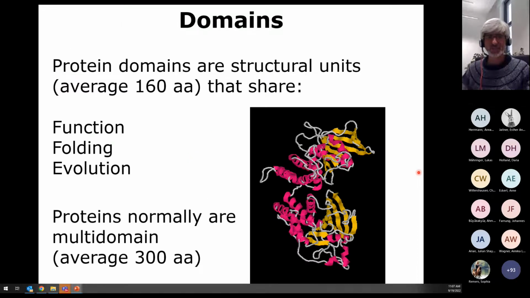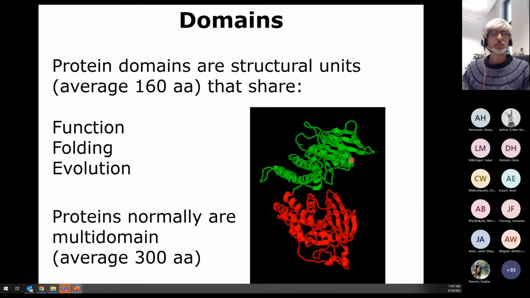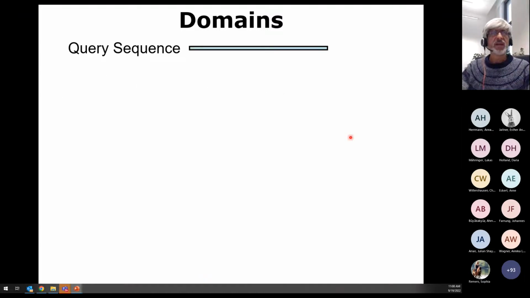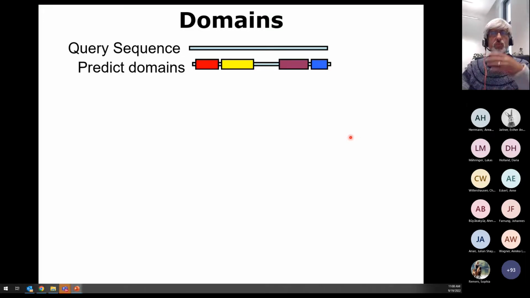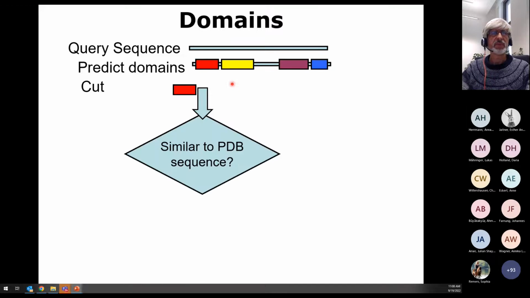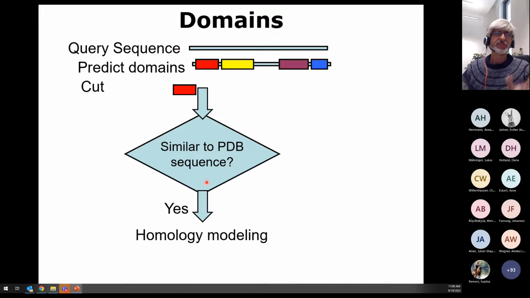And then a small reflection. Remember that we talk about domains as units that have separate function, folding, and evolution. And also, if you are working with a protein that is very long and you want to predict the structure, it's helpful to go domain by domain. So if you have domain predictions, it may happen that one particular domain is similar to a sequence in the PDB, and then it's very easy to predict the structure by homology modeling.